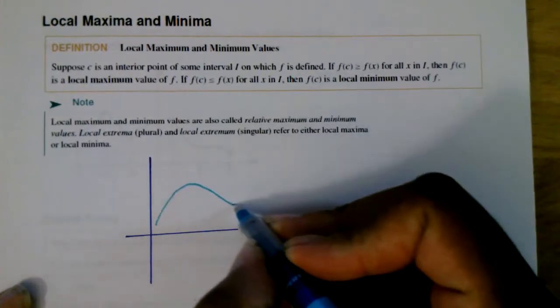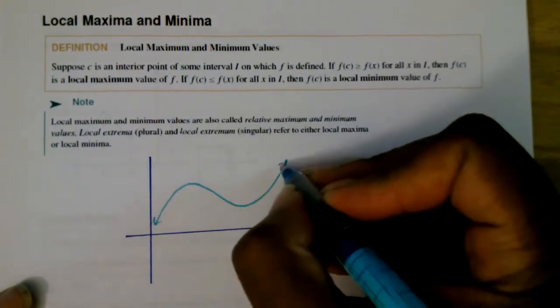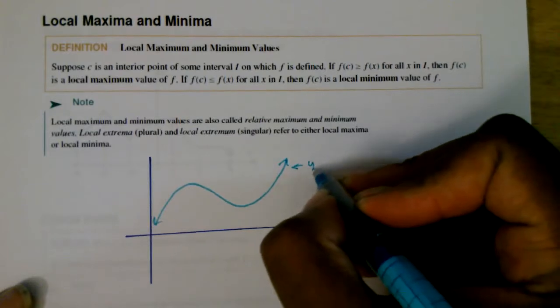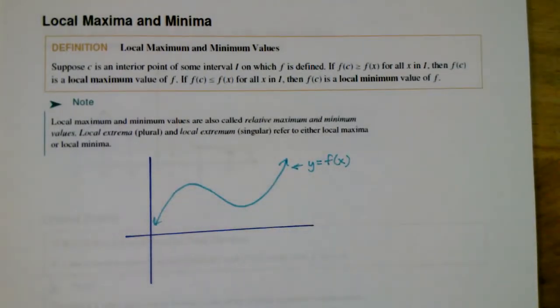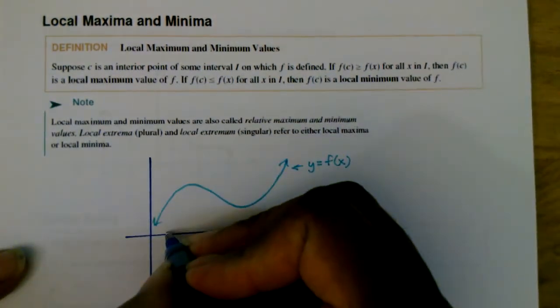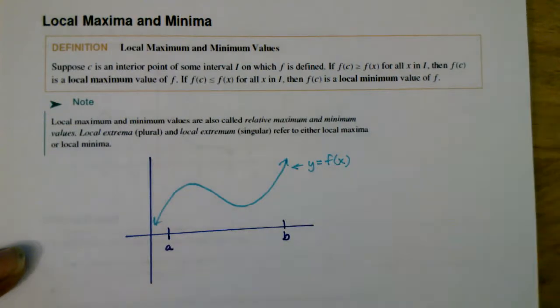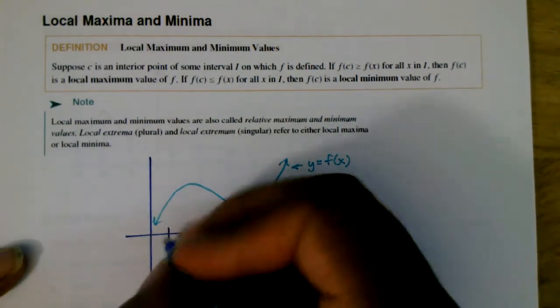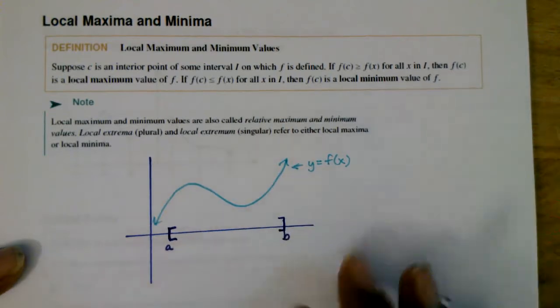This represents the graph of y is equal to f of x. And as you can see here, let's say on the interval A to B. And it's going to be a closed interval, so we'll use brackets at A and at B.